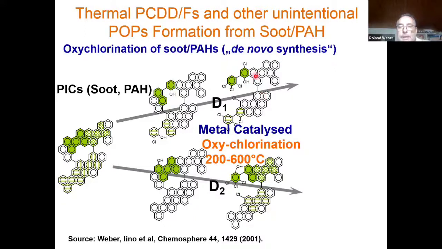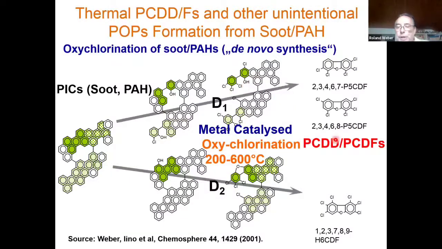And by this, the PAHs and the soot are degraded, but at the same time chlorinated. And this results in the formation of dioxins and furans by the so-called de novo synthesis. And at the same time, also PCBs, PCNs, and the other chlorobenzenes are formed. So this is formed in the same process by degradation of the PAHs and soot in all the thermal sources.